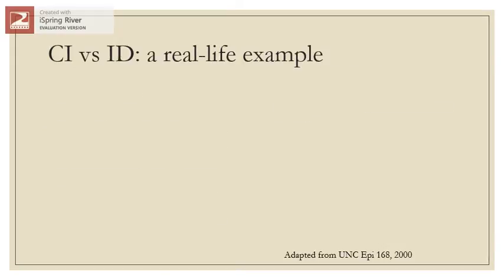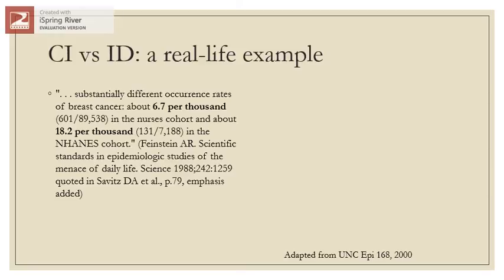Okay, so I want to give you an example of cumulative incidence and incidence density. This is from a research paper that was published, really two different research papers. Both of these studies were about breast cancer rates.